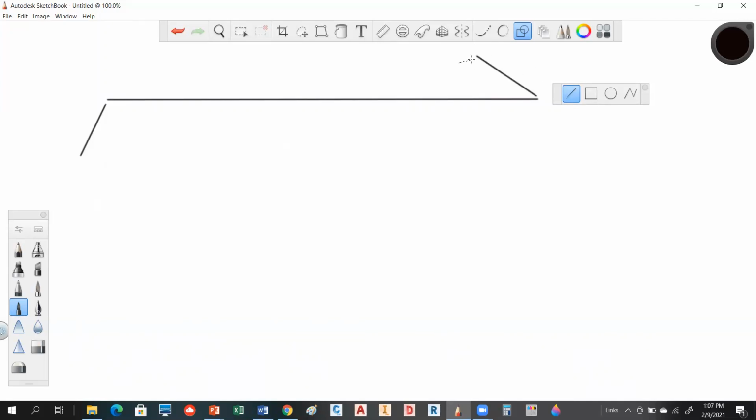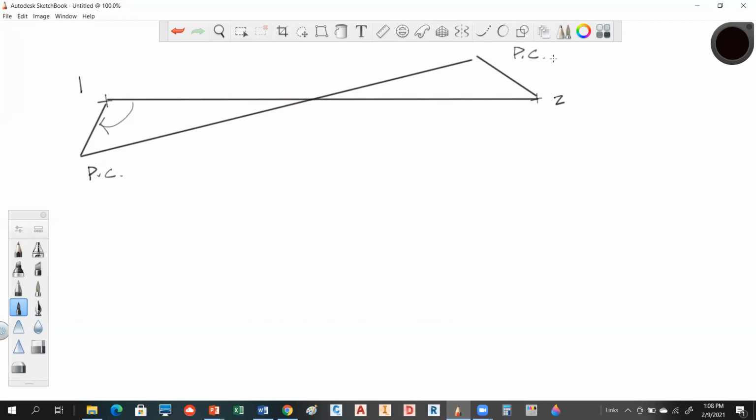We couldn't see between these two property corners because there were obstructions. That's kind of what the picture looked like. We called this point 2, this point 1, and measured an angle and a distance to this property corner. We'll call these property corner 10 and property corner 11.